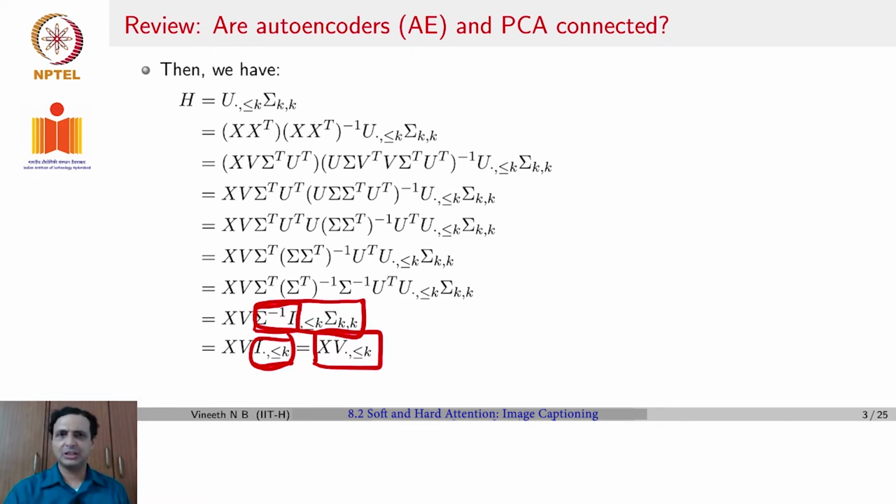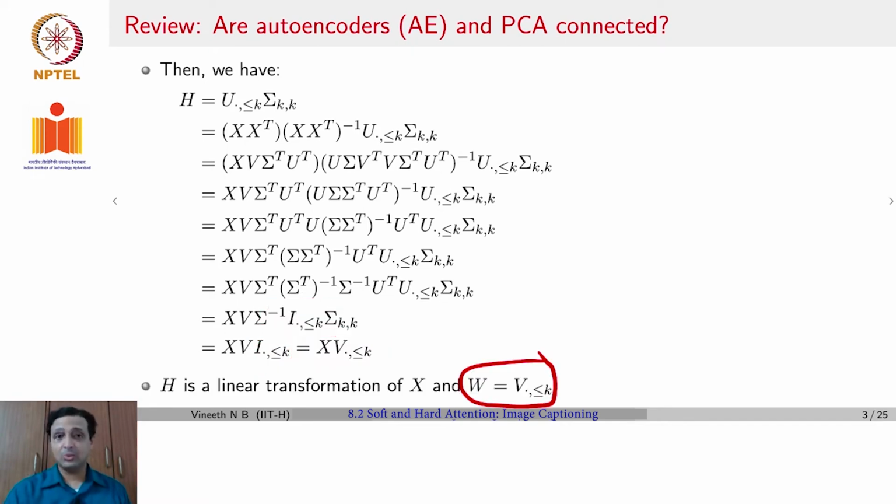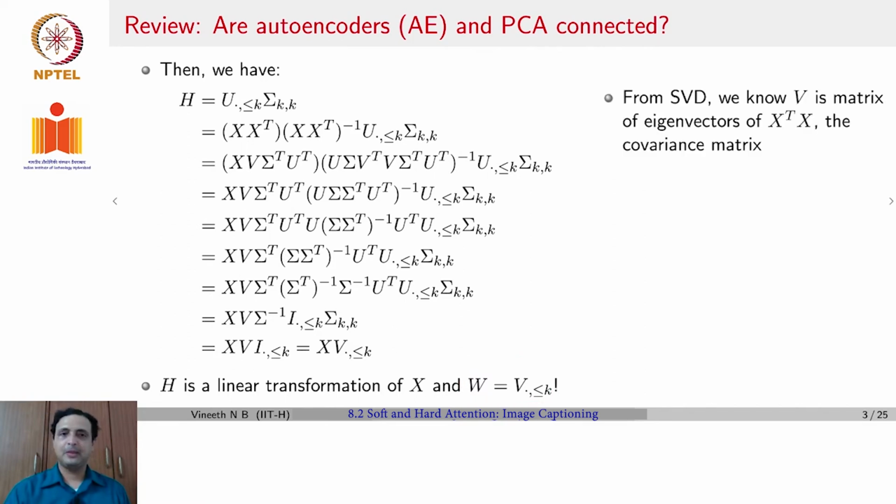Why is this derivation important? This now tells us that H is a linear transformation of X and W, which is in this case V constrained to the first k columns. What does this mean?